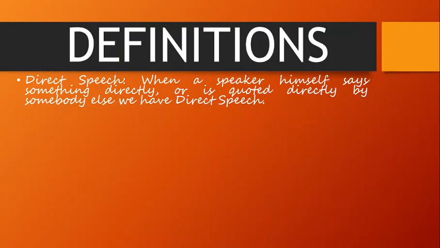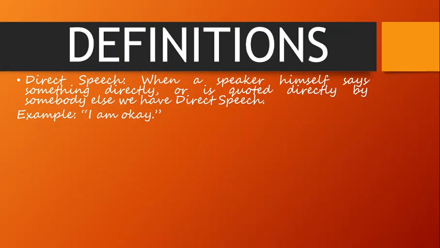So just remember, when a speaker himself says something directly or is quoted directly by somebody else, we have direct speech. For example, "I am okay." Another marker: direct speech always comes within quotation marks to indicate that it is direct speech.